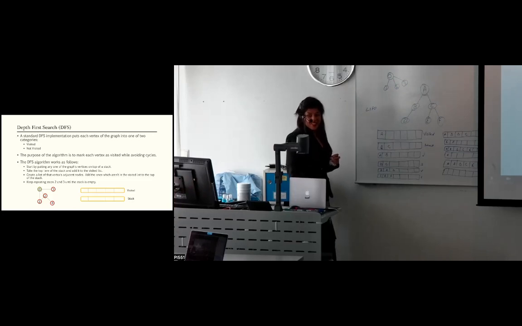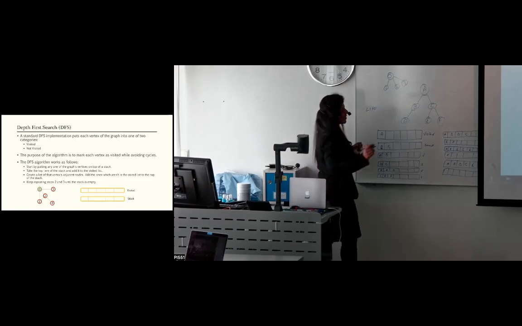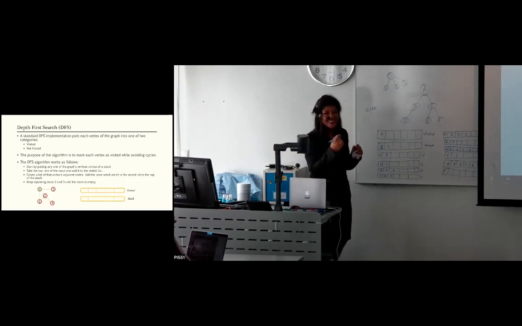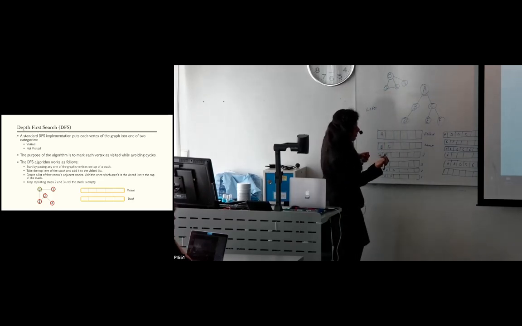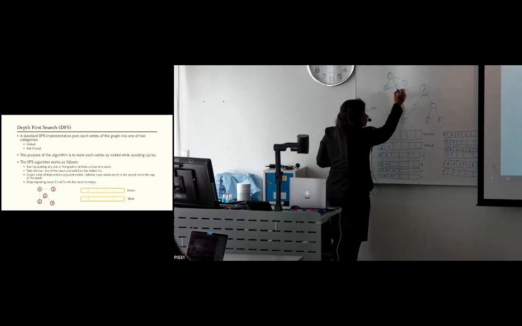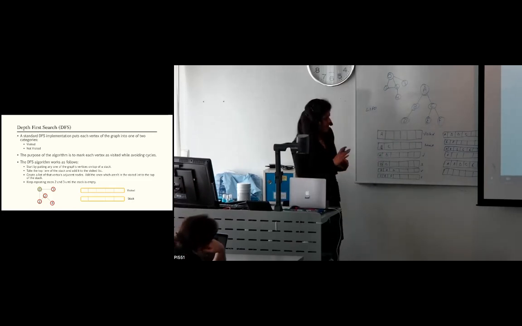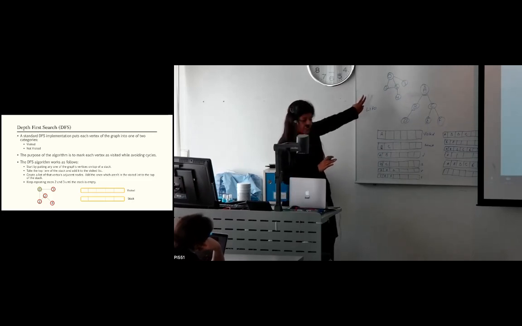Yes, this is a graph, so you can traverse it like that. I will show you. The child of 2 is 4. This is the graph, exactly the same.